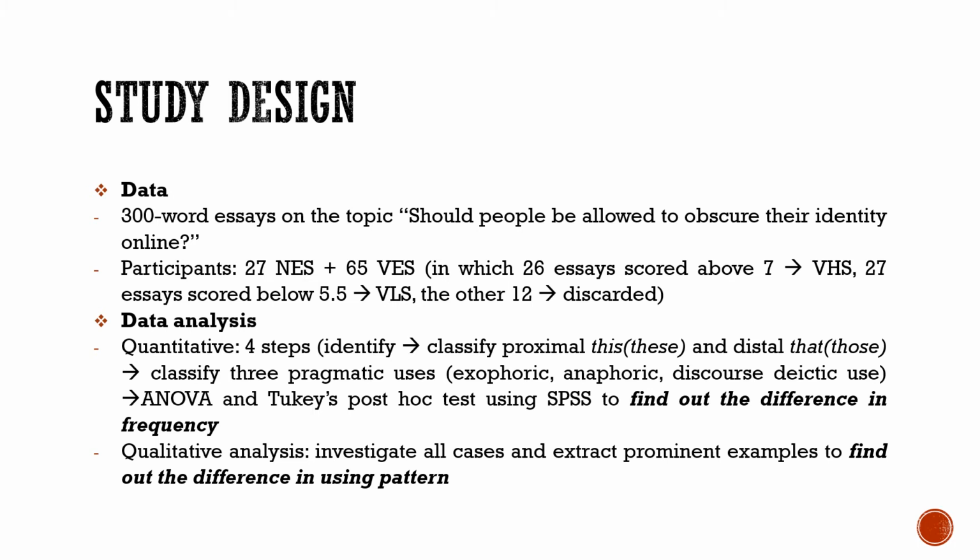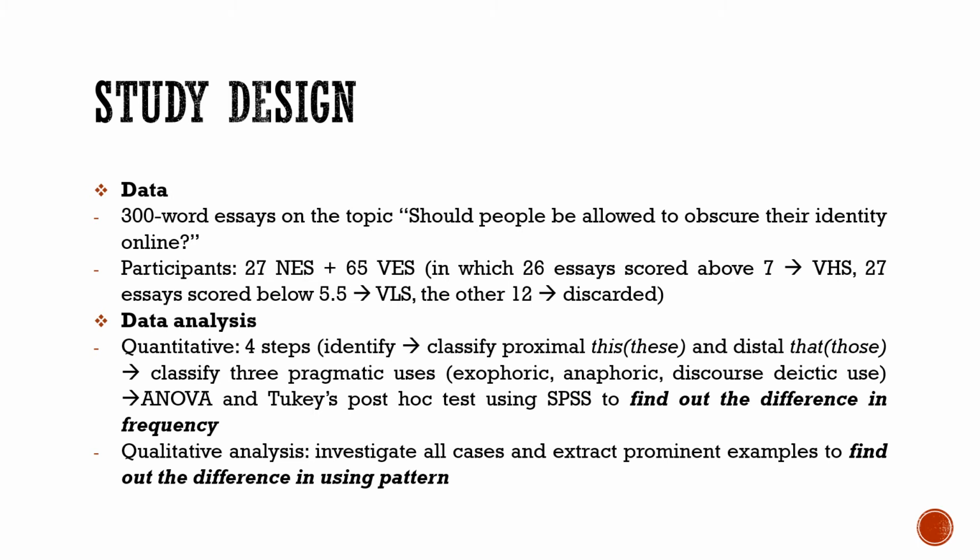First of all, the research adopts both quantitative and qualitative analysis. First, I will do the quantitative analysis by following 4 steps. First of all, I will identify and classify proximal demonstratives and distal demonstratives. After that, I will classify them into 3 pragmatic uses: exophoric, anaphoric, and discourse deictic use.